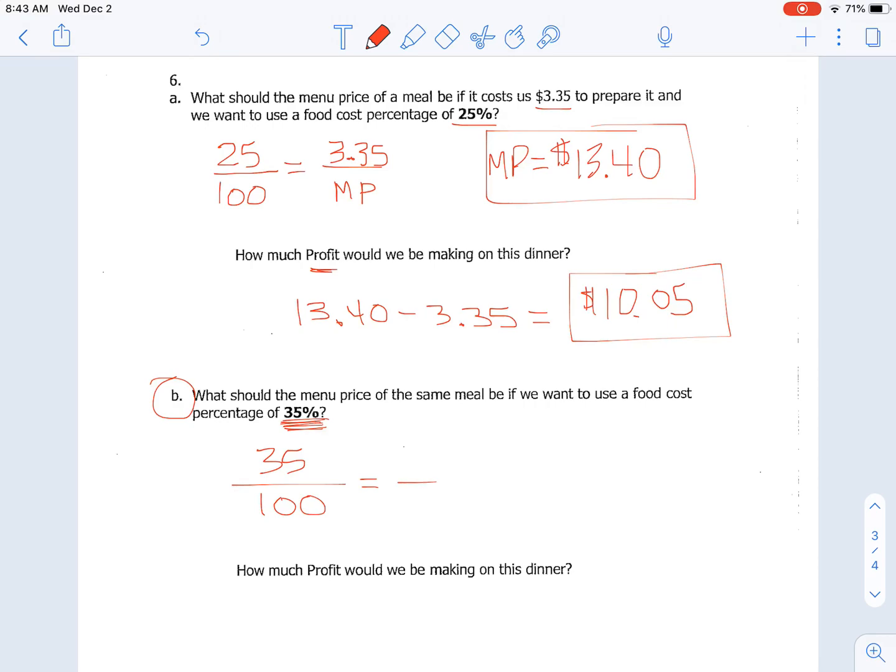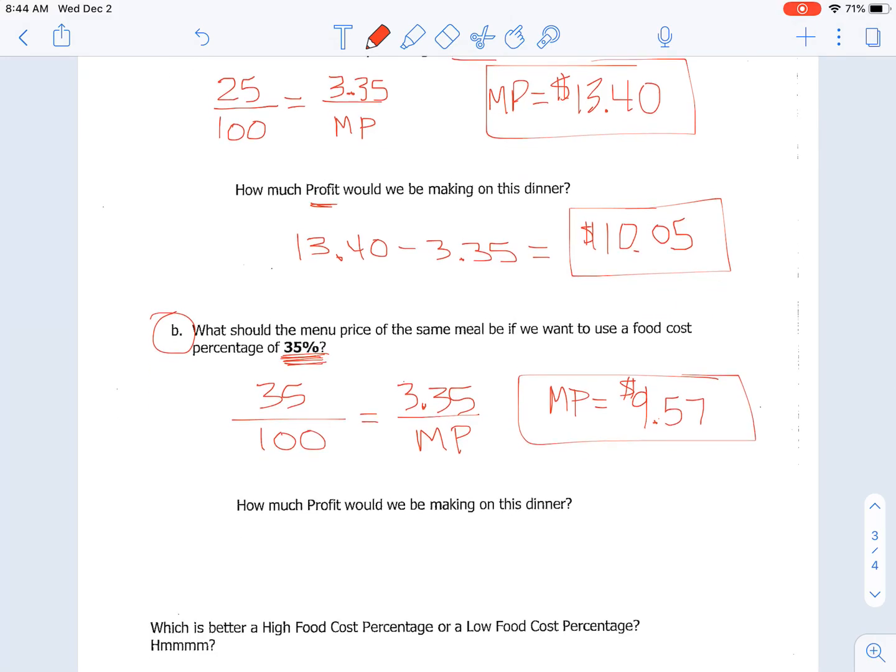So I want you to recalculate it. Still $3.35 to make it. Menu price. All right, we cross multiply and then divide. I get a menu price of $9.57.